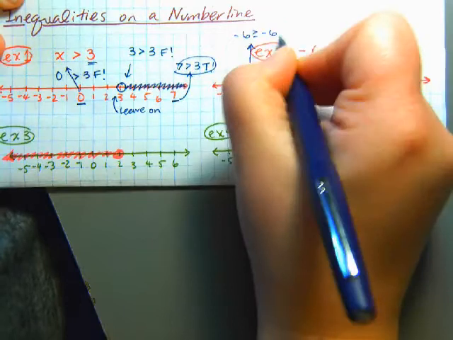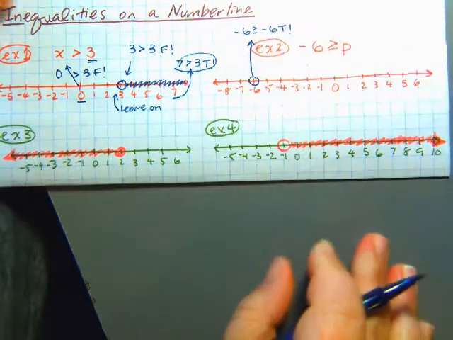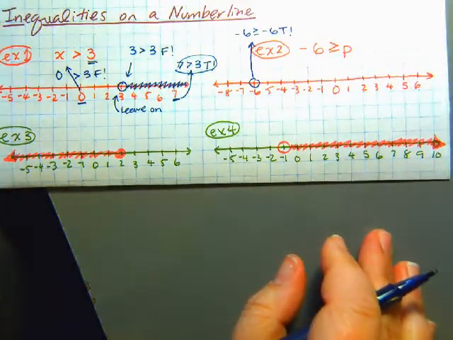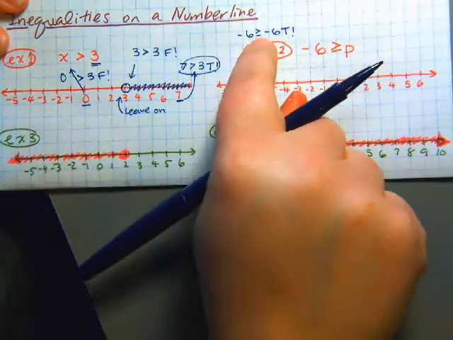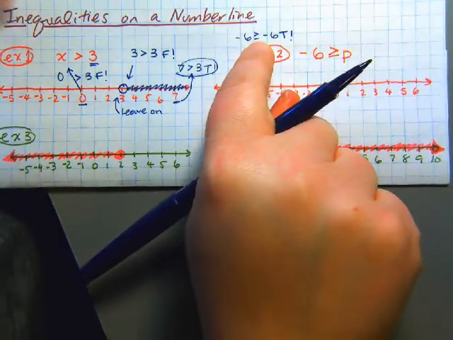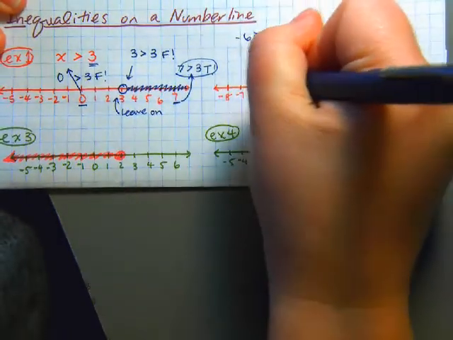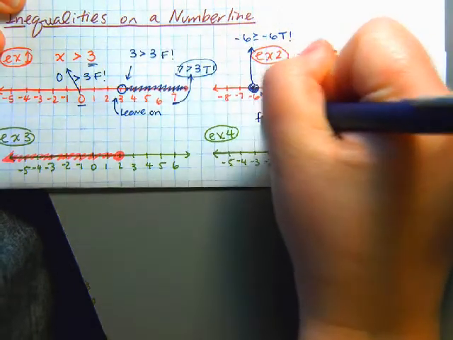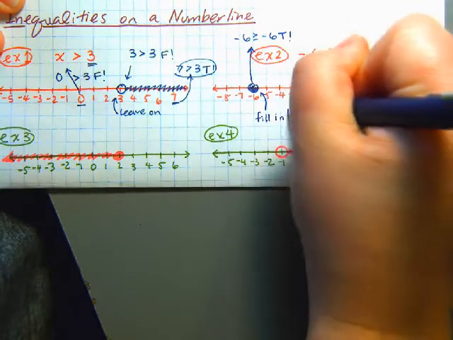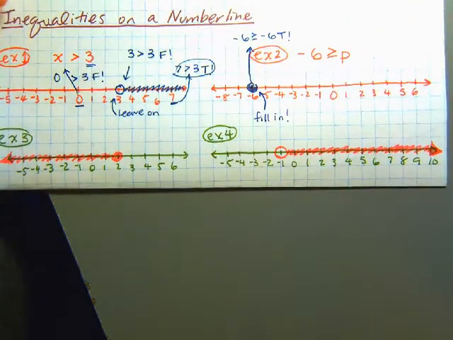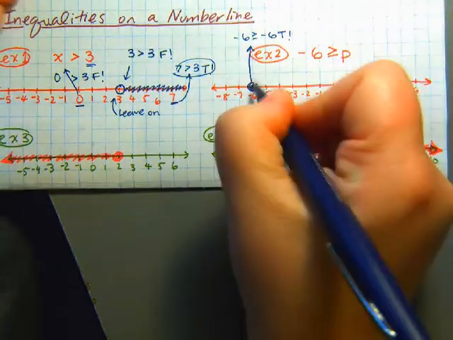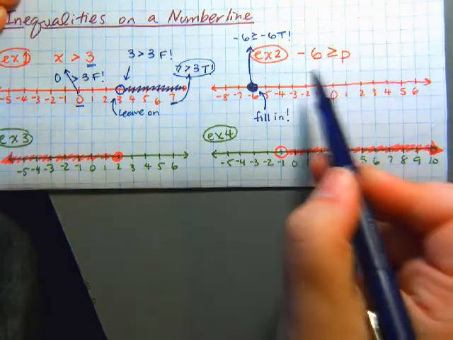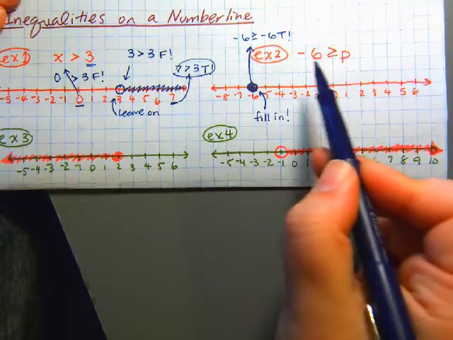Well, that is true. -6 isn't greater than it, but it is equal to, because or equal to is also an option. So that means we fill this in. Okay, so that means that that is included in our solution. You can put -6 in for P, and this will be true.